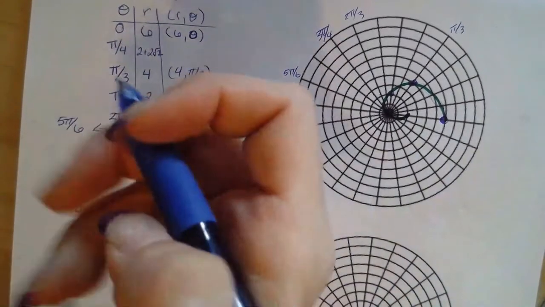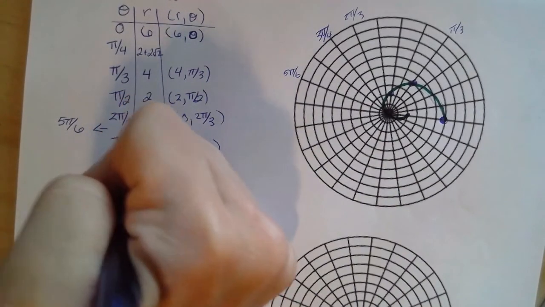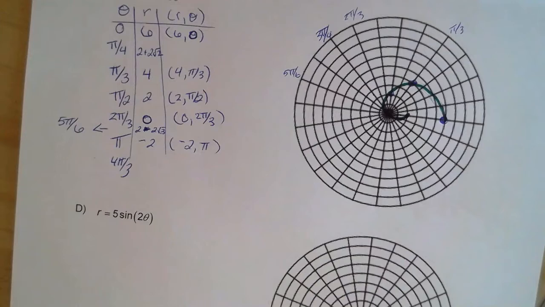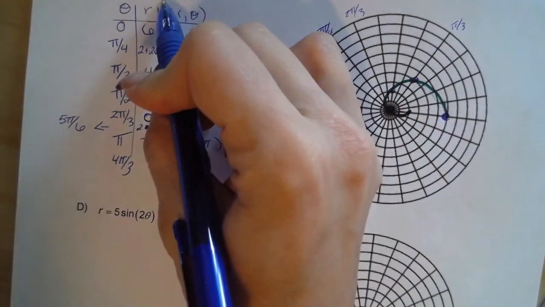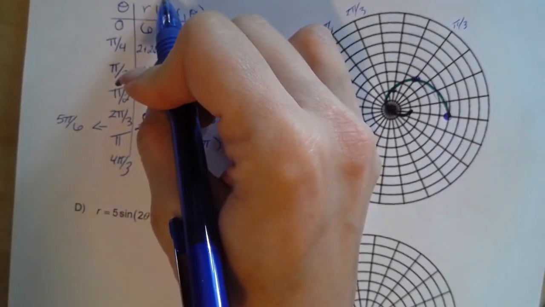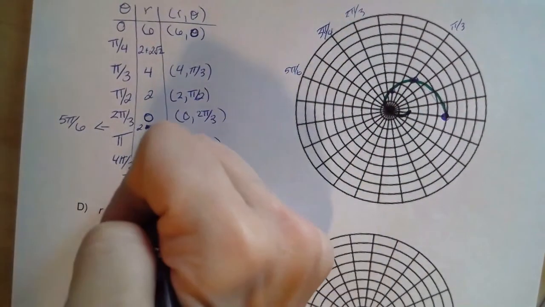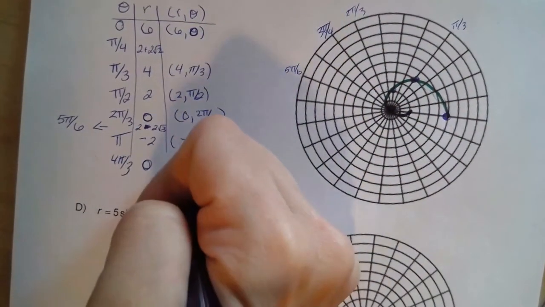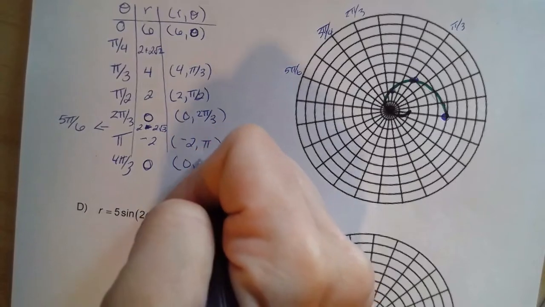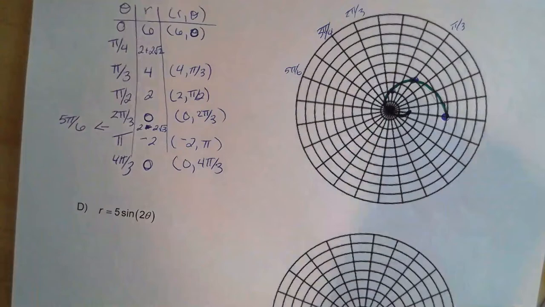So I did pi, so let's do the next 60 degrees, which is 4 pi over 3. 4 pi over 3, that's -1/2. So 4 times -1/2 is -2. So we're back at 0. 0, 4 pi over 3.